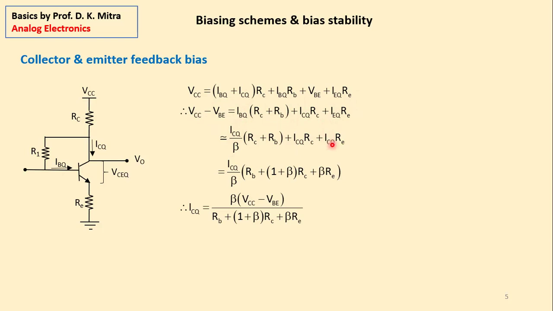Collector current is considered the same as the emitter current, though theoretically it is not the same. This becomes ICQ by beta, and this whole expression RB plus 1 plus beta RC plus beta RE. So if you transpose them, ICQ becomes beta into VCC minus VBE divided by RB plus 1 plus beta RC plus beta RE.